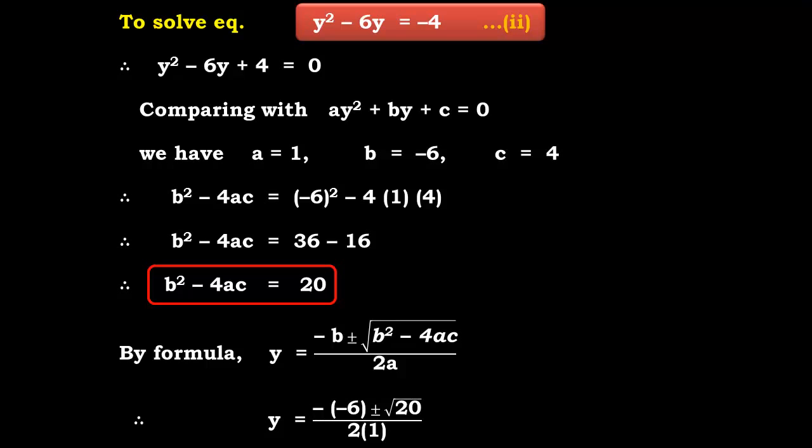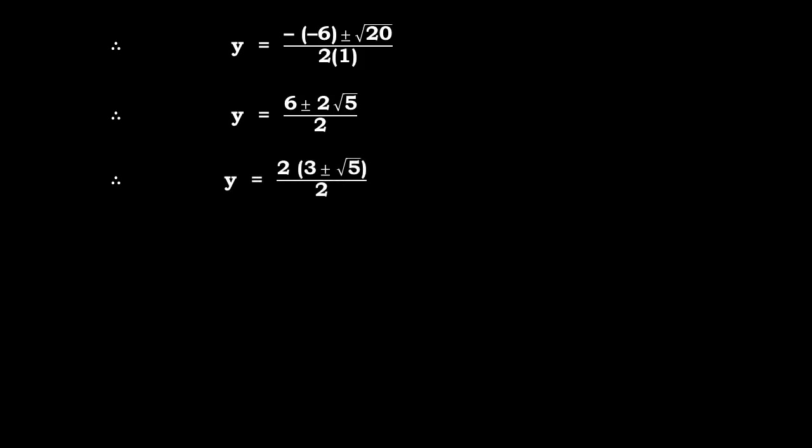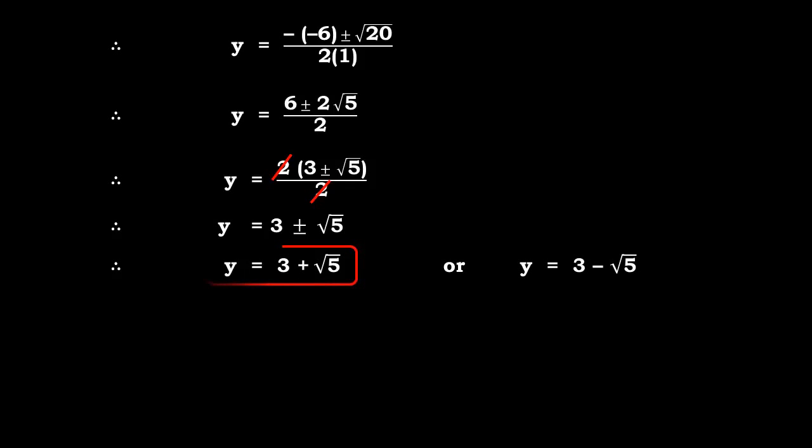So minus will become plus, y is equal to 6 plus or minus root 20, we can write as 2 root 5, upon 2. From the numerator we can take 2 common. So we get y is equal to 2 into bracket 3 plus or minus root 5 upon 2. 2 gets cancelled. So y is equal to 3 plus or minus root 5. So y is equal to 3 plus root 5 or y is equal to 3 minus root 5.